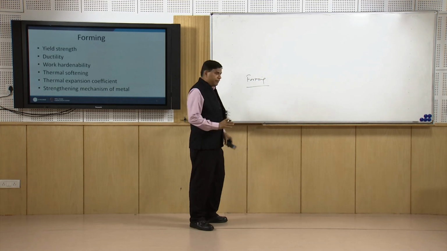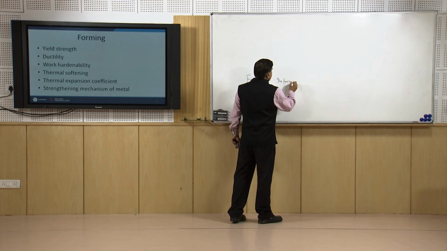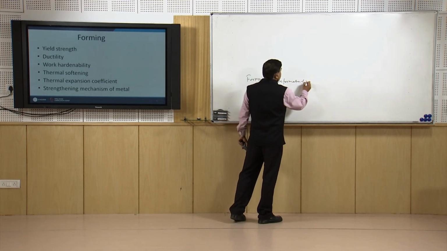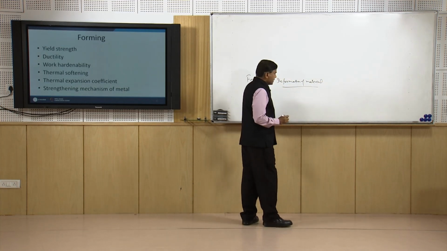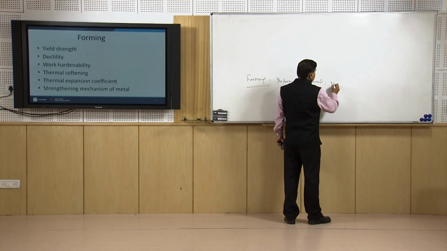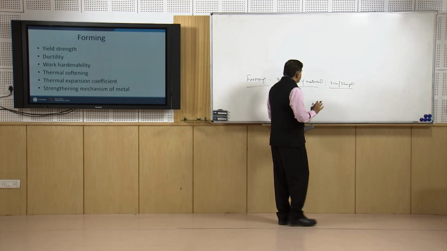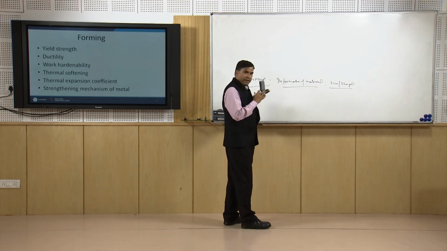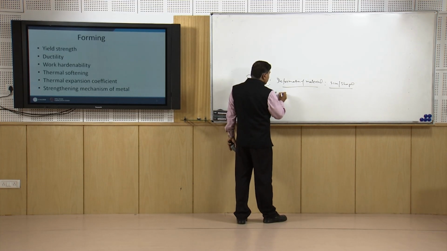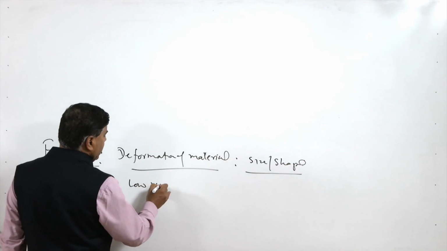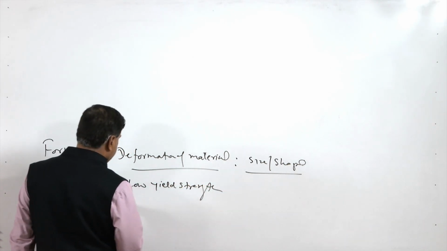Forming processes, we know, are based on the deformation of the material using external forces to get the desired size and shape. So, to facilitate the deformation by the forming processes, it is necessary that the material has a low yield strength, so that the deformation is facilitated.